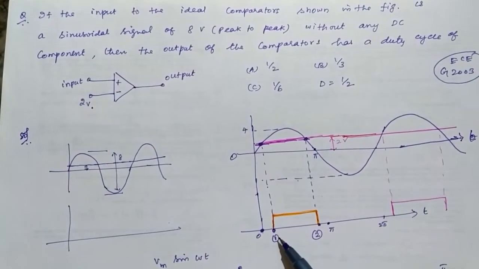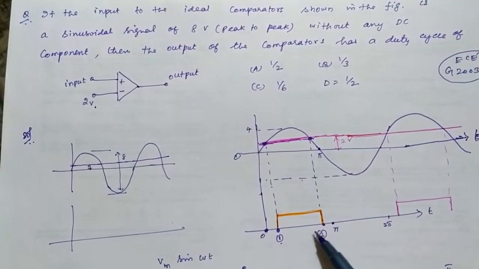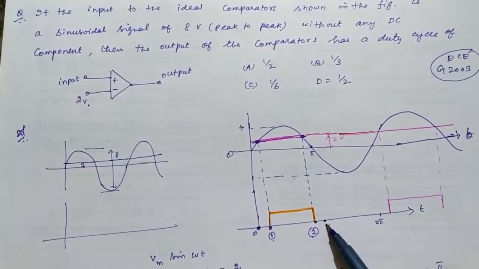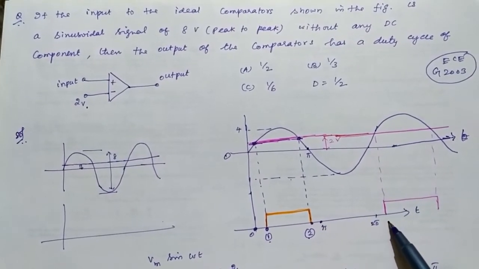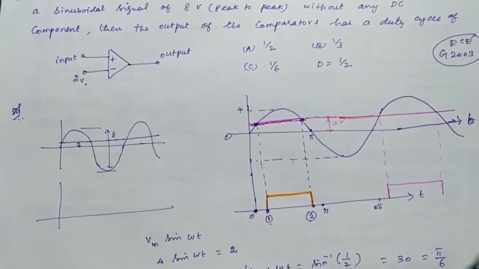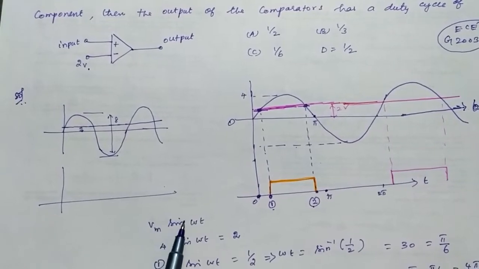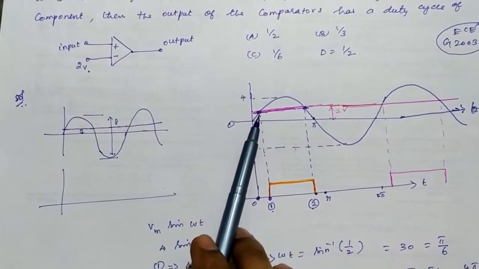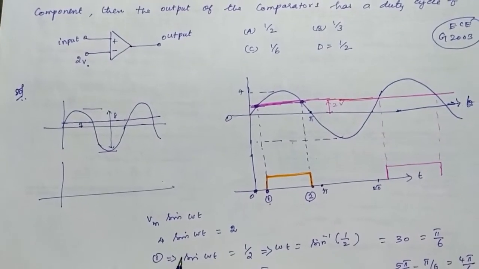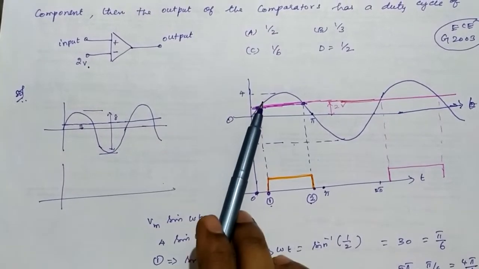This is the width of the pulse, and this is the angle pi, again 2 pi, so the pulse is repeated. The sinusoidal signal has the equation Vm sin omega t. At this point, the sinusoidal voltage Vm sin omega t has a magnitude of 2.